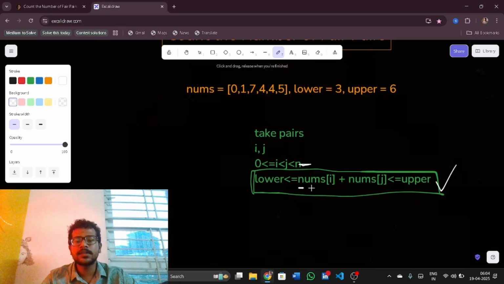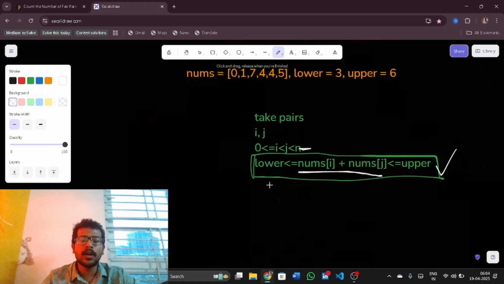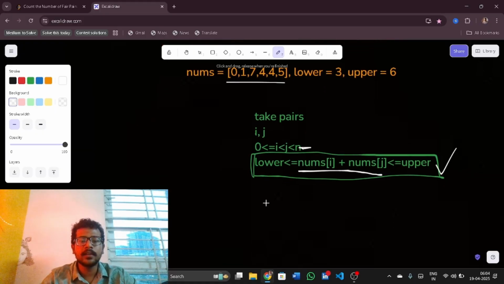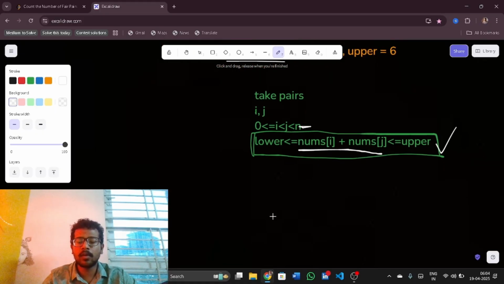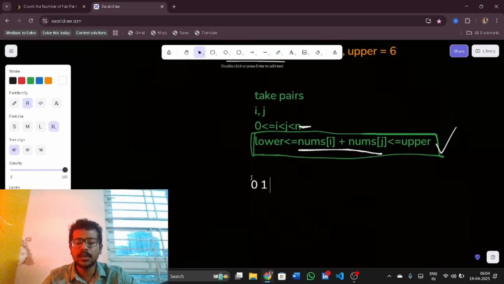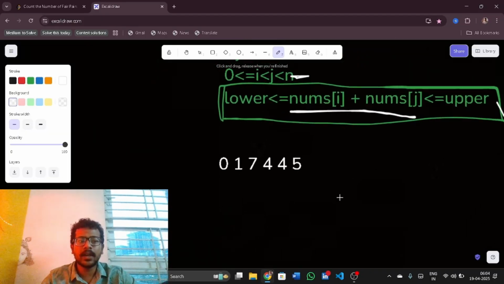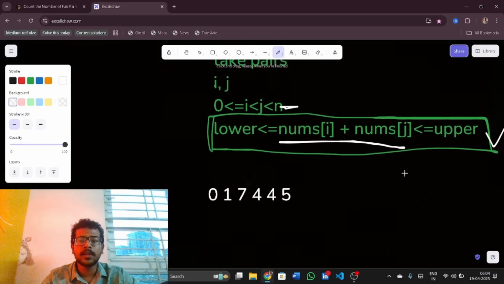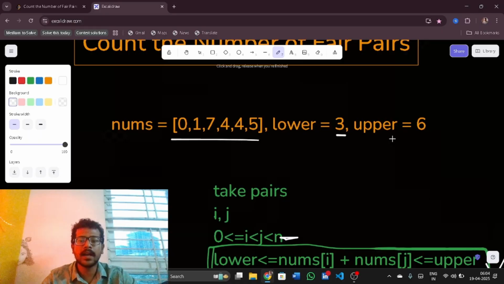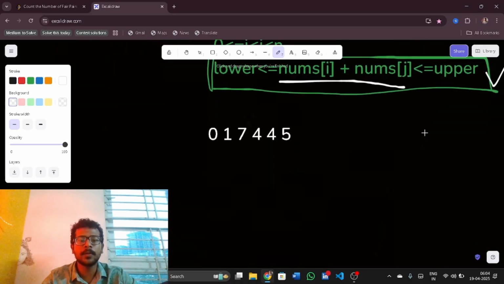Now take this array 0 1 7 4 4 5. We have 3 and 6 as lower and upper.